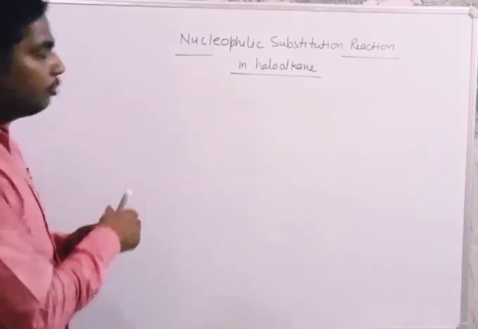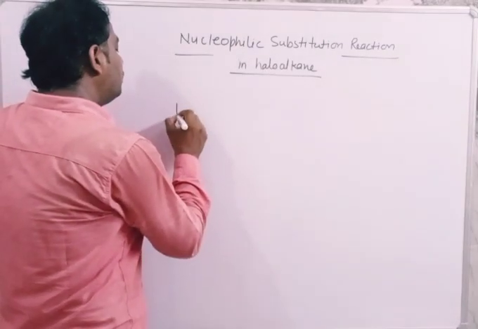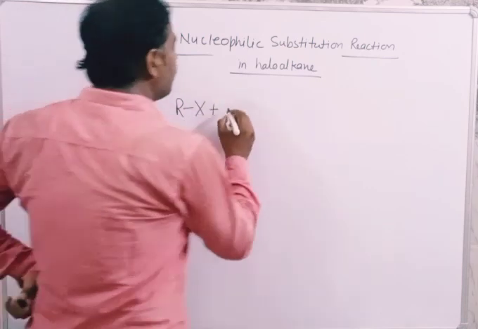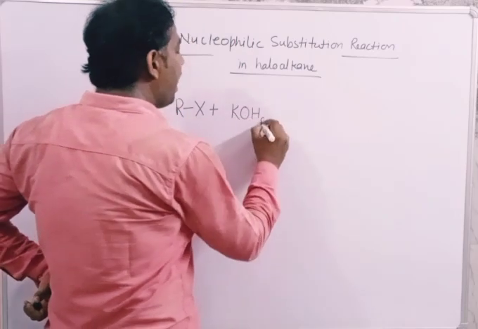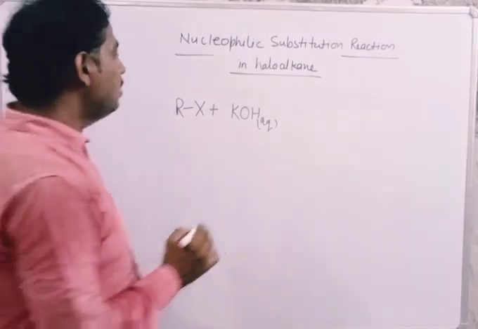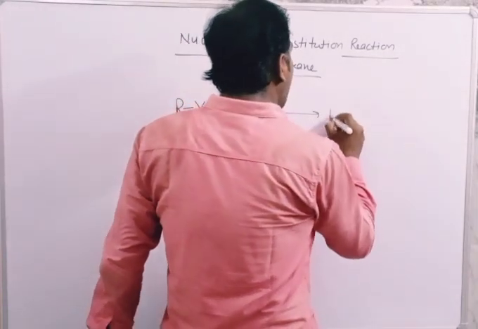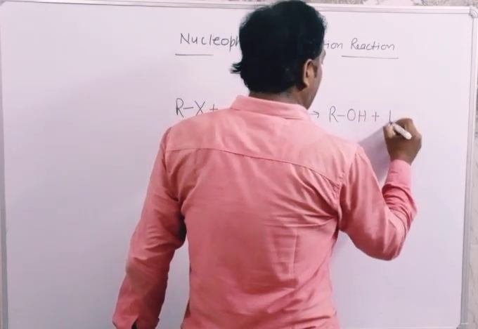This was the basic reaction, and next we talk about a specific compound like RX plus KOH. KOH means potassium hydroxide in the aqueous condition. When they react, it forms ROH plus KX.